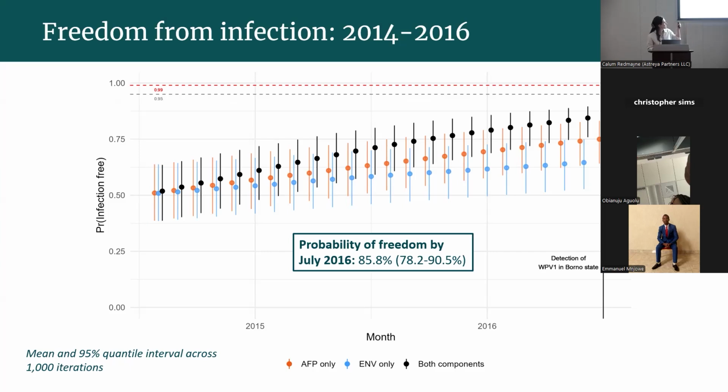And we can see that by the time that wild poliovirus was detected in Borno state, our approach is estimating a probability of freedom from infection between 80 and 90%, which out of context maybe seems quite high, but maybe not sufficiently high for you to declare elimination on a national scale. Obviously, you want to be quite certain of that before you declare it.